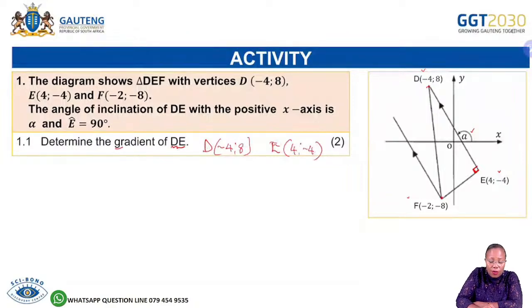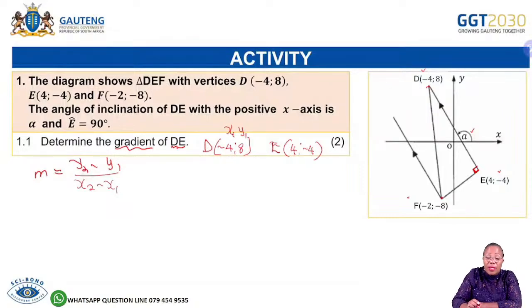If we are looking at the gradient, remember the formula is from your formula sheet: m is equal to y2 minus y1 over x2 minus x1. Grade 12, you can name D being the first one, it will be x1, y1, and E being the second one, it will be x2 and y2.